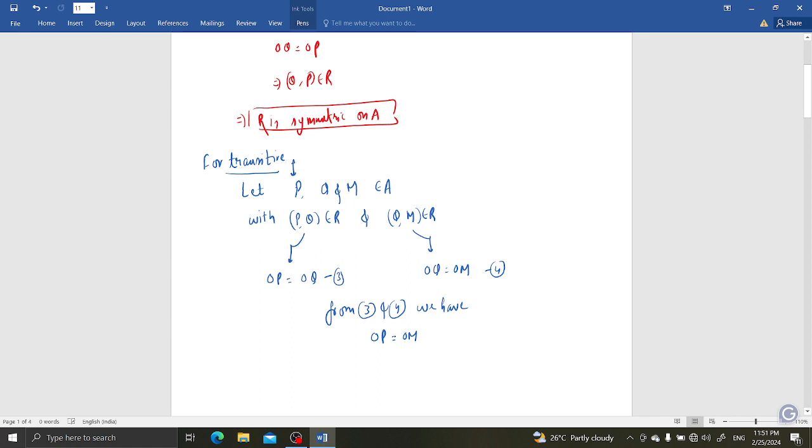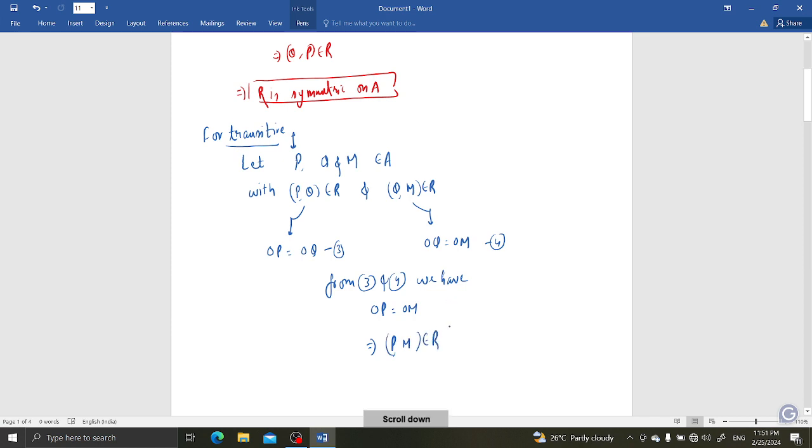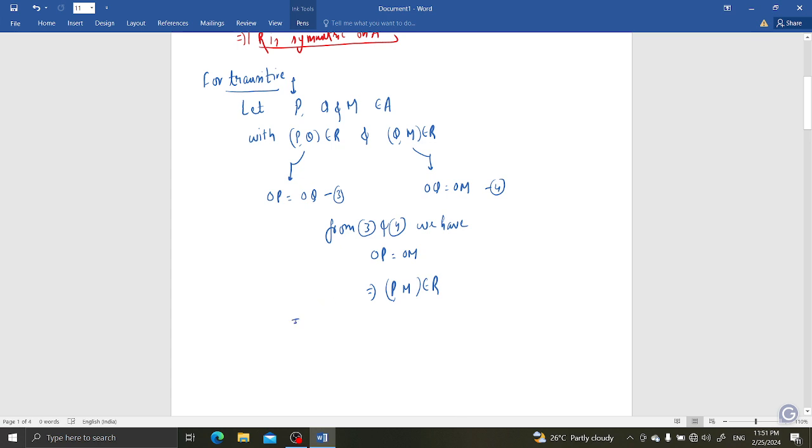If OP equals OM, then it implies that P comma M belongs to relation R. Okay, so here it implies that R is transitive on A.